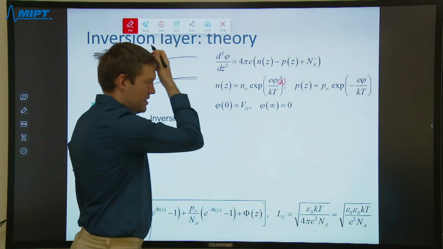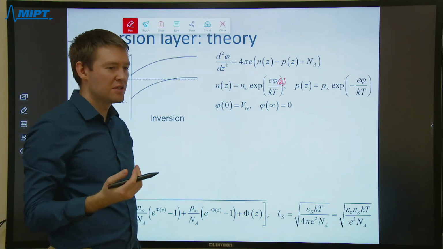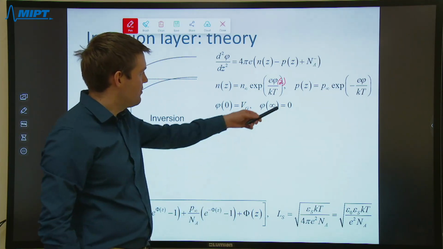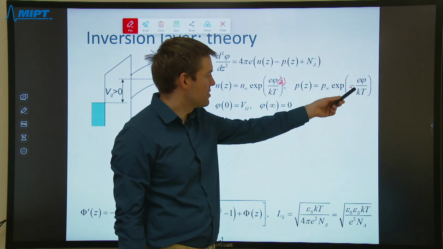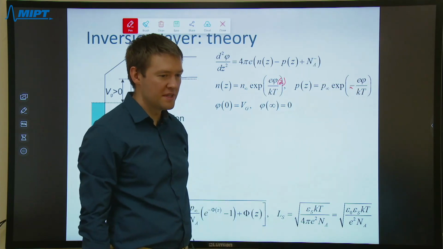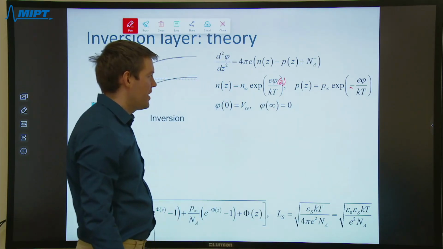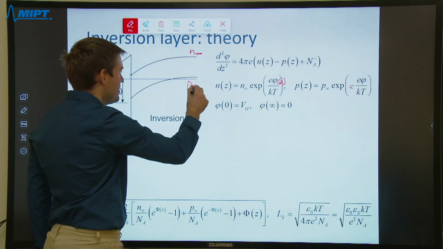And this is an implicit function of the coordinate. We do the same for holes, for which the dependence on electric potential is also the Boltzmann exponent with the opposite sign. N infinity and P infinity are the electron and hole densities deep in the bulk.